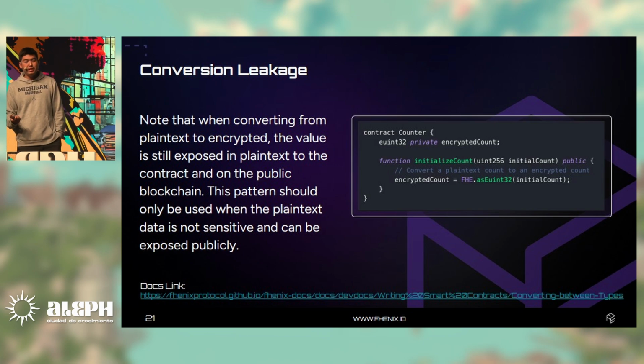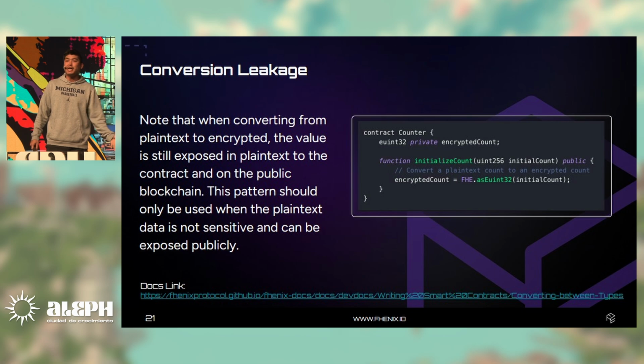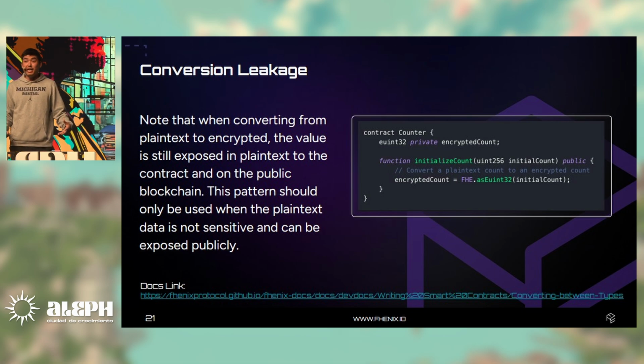Basically I like to think about it this way: if there's ever a trace of something somewhere, then someone's going to find it. When you decrypt, when you have plain text, you're leaking plain text to memory, there's going to be a stack trace. And when we're working with blockchains, there's a stack trace of basically everything, because the state machine is going to go one step at a time.